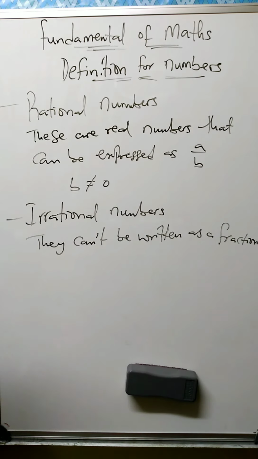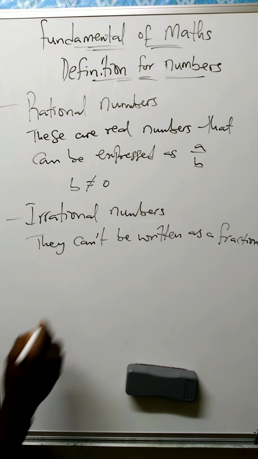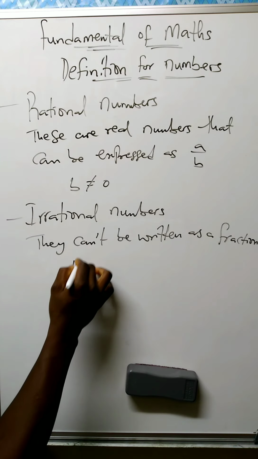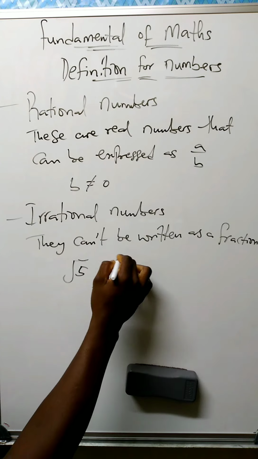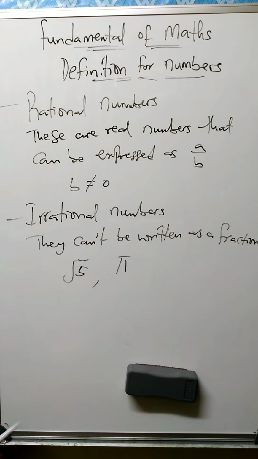It's not going to work. Examples of irrational numbers: we can have root 5, which is an irrational number. Pi, I know we are familiar with this. Normally pi is denoted by 3.142 and so on and so forth. So that is for that.